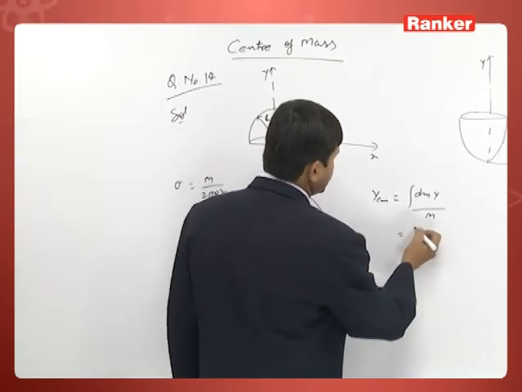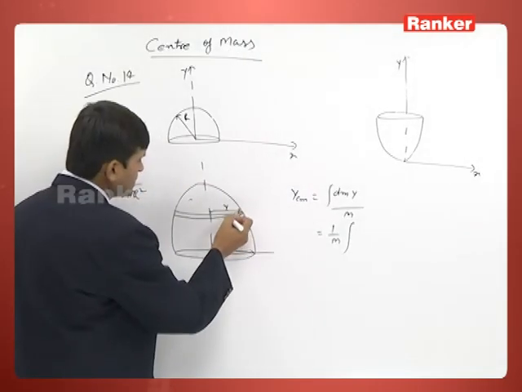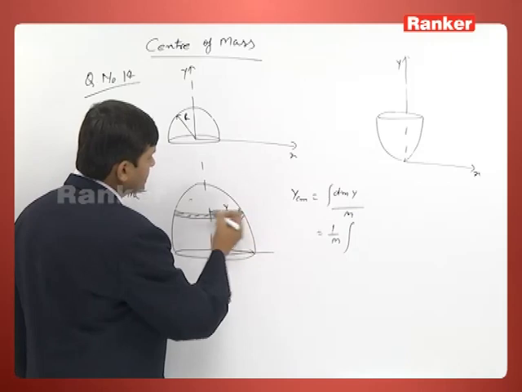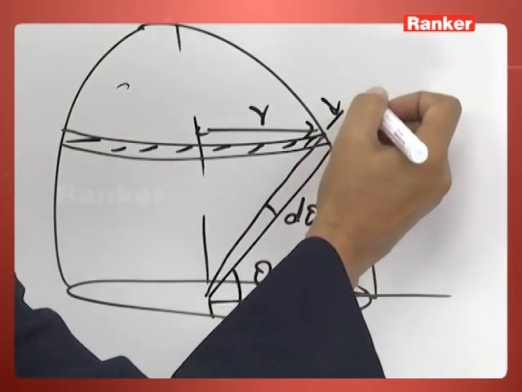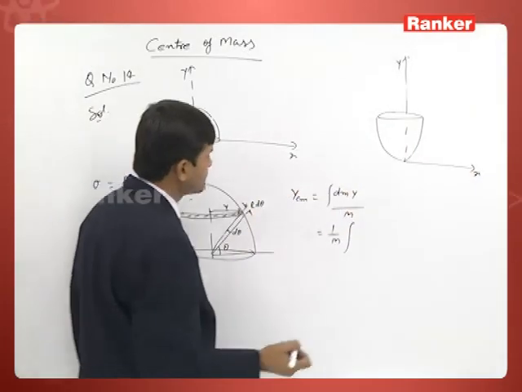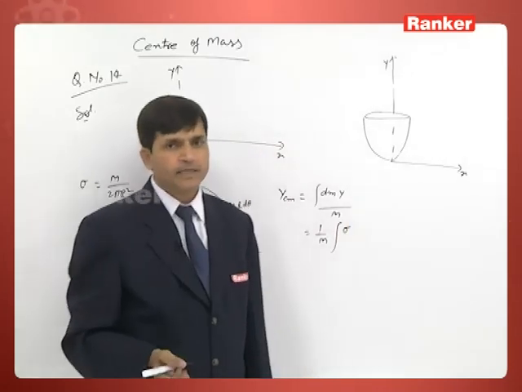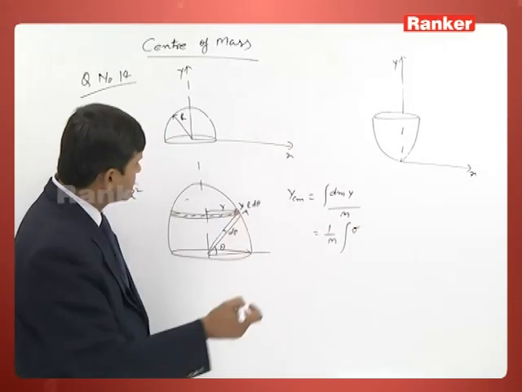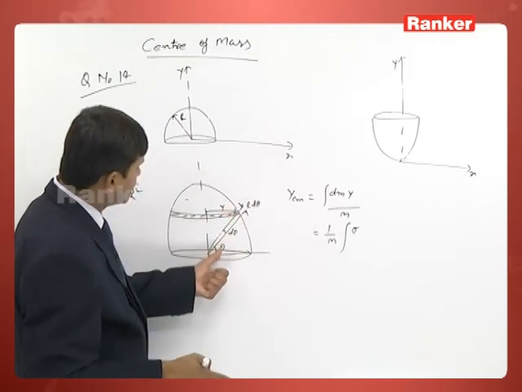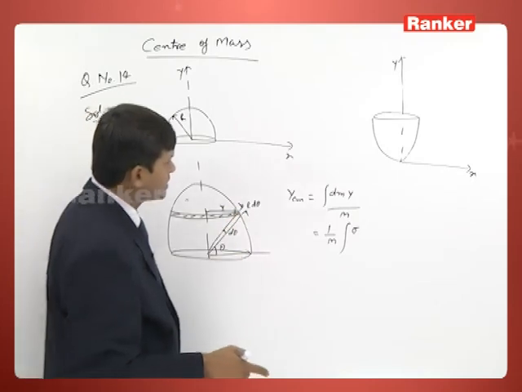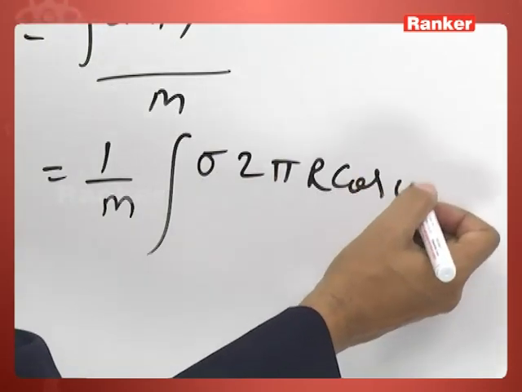So dm is sigma, the mass per unit area, times the area of the ring. The radius of the ring is r cos theta and its thickness is R d theta, so the area is 2 pi R cos theta times R d theta.